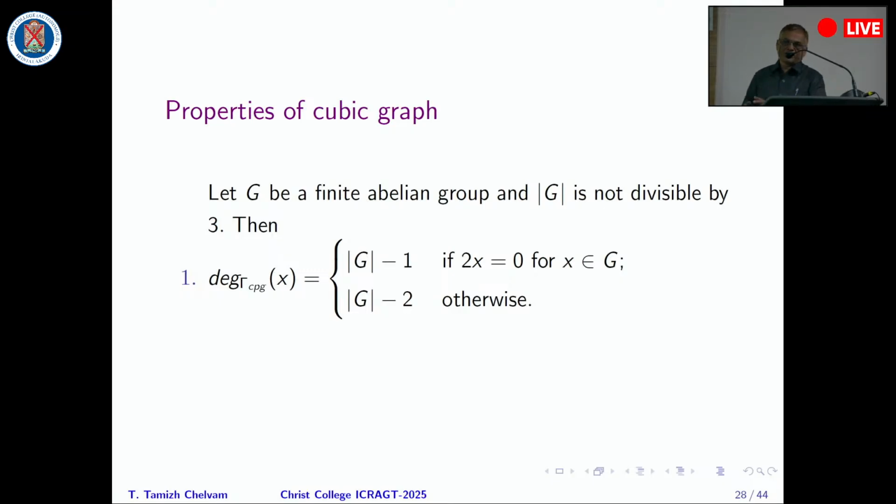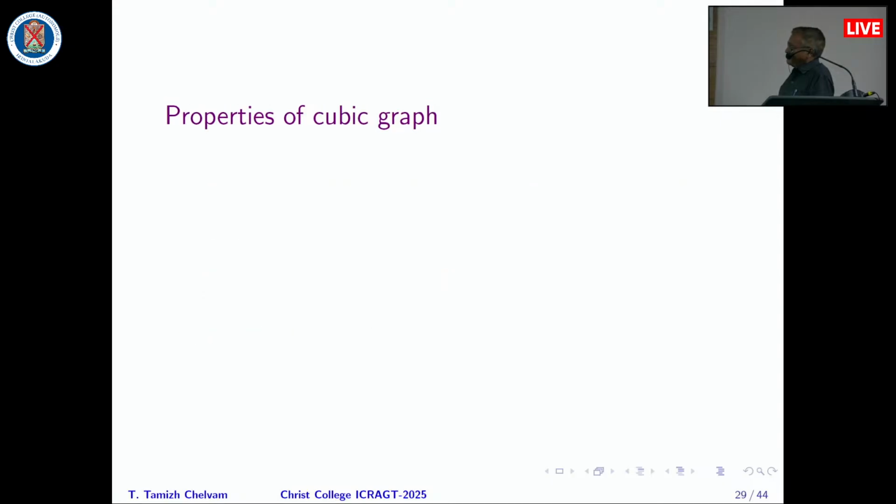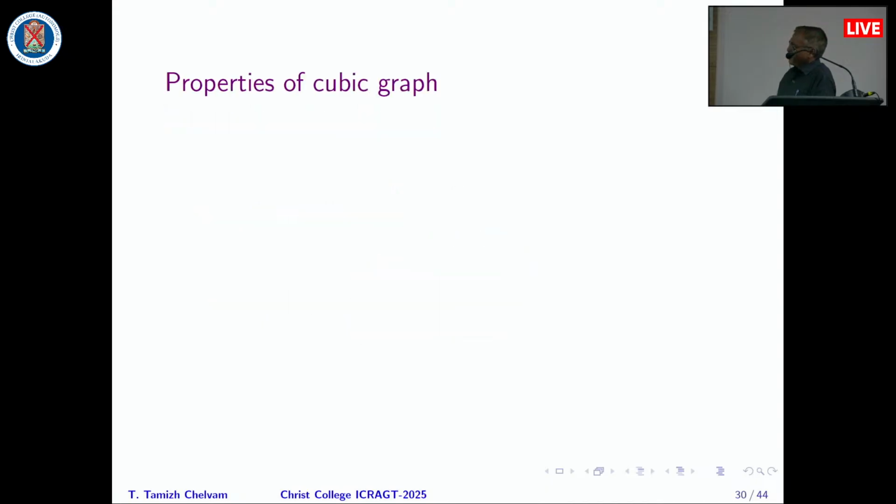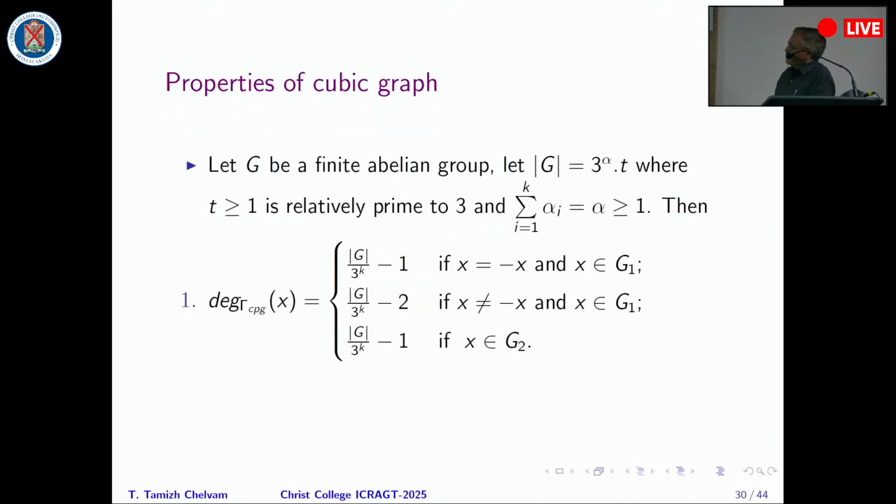We can work it out in parallel and find the degree of this vertex, connectedness, diameter, girth. So in the general case also, as in the case of the square element graph, whether the order is even or odd, whether it is divisible by 2 or not, here my consideration is whether the order is divisible by 3 or not, and parallelly things are being worked out.